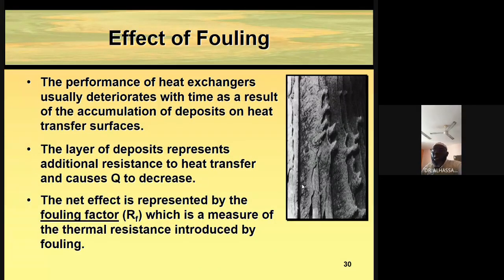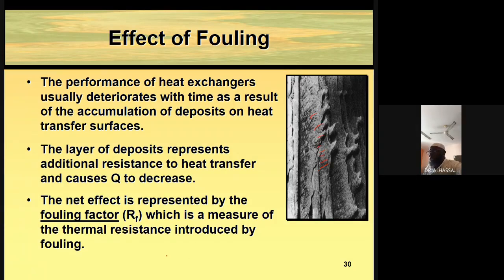Now, we want to talk about fouling, the effect of fouling. What is fouling? Fouling is the deposition of small particles that are mixed in the water. As you operate or use the pipe for a very long time, these particles will get stuck or deposited on the surface of the pipe, and it will form this thickness. You understand me?